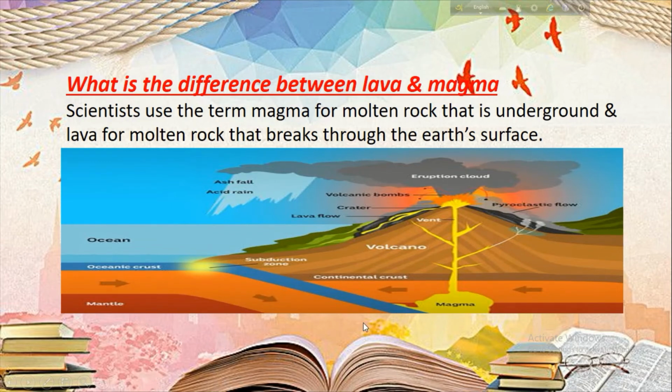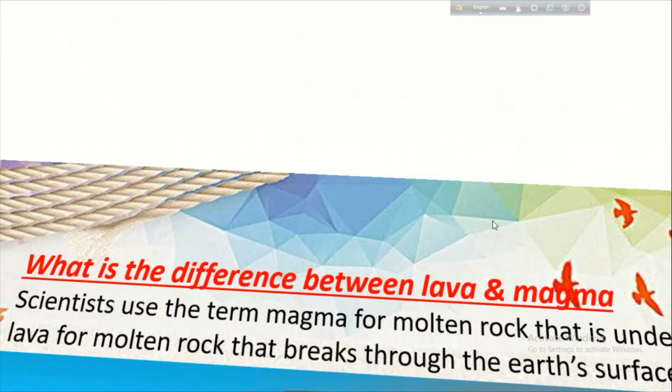From this magma chamber, volcanic eruption occurs through the crater of the volcano, and out come lava, different types of gaseous substances, ashes, etc. And from this lava, environmental pollution occurs. So we learn here the differences between lava and magma.